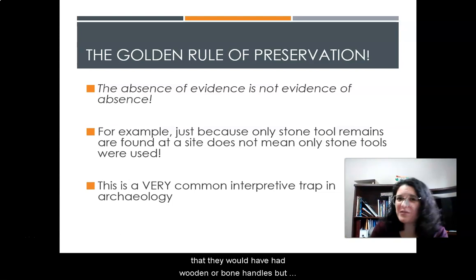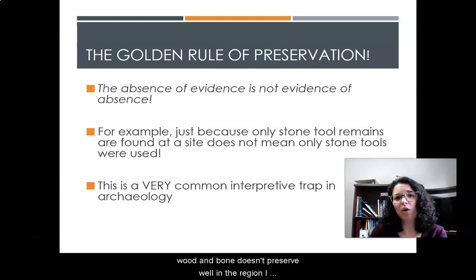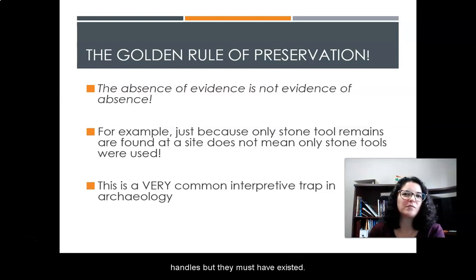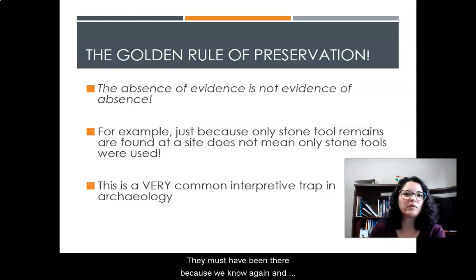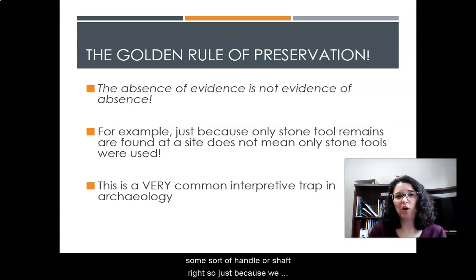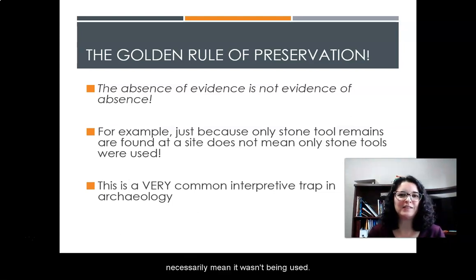But wood and bone doesn't preserve well in the region I work in, and so as such, we don't have evidence of those handles. But they must have existed. They must have been there, because we know, again, that projectile points can't be used without being affixed to some sort of handle or shaft, right? So just because we don't have evidence for wood in the past doesn't necessarily mean it wasn't being used, right?